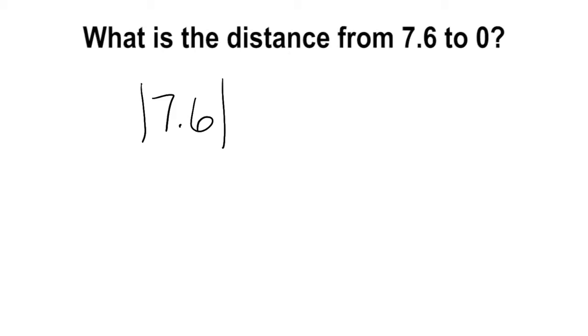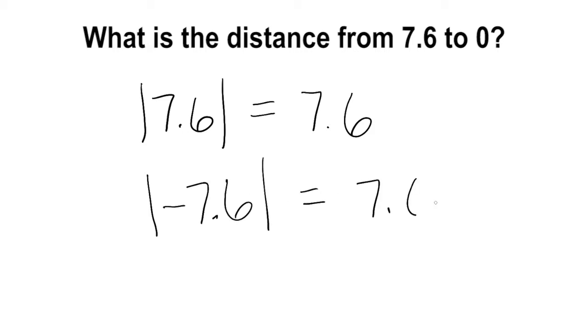When we see the absolute value of 7.6 written with the vertical bars on each side, we are being asked, what is the distance from 7.6 to 0? That distance is 7.6. Notice that -7.6 also has an absolute value of 7.6.